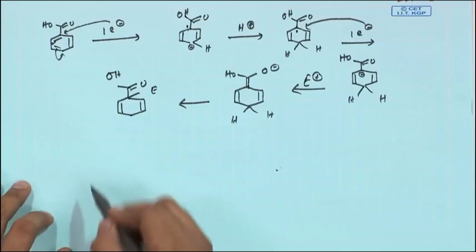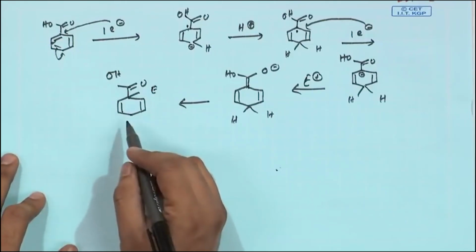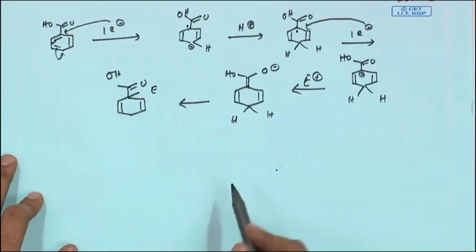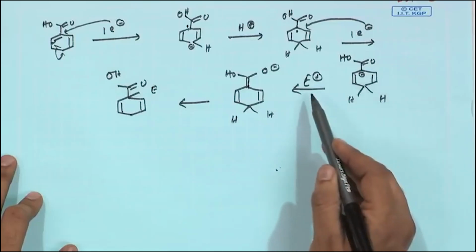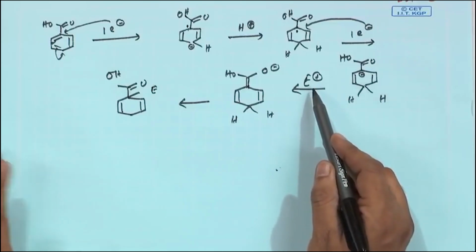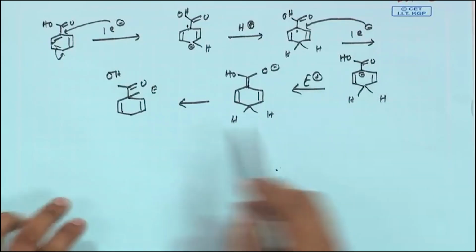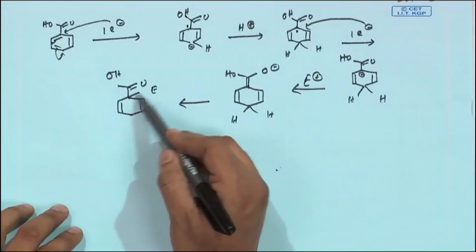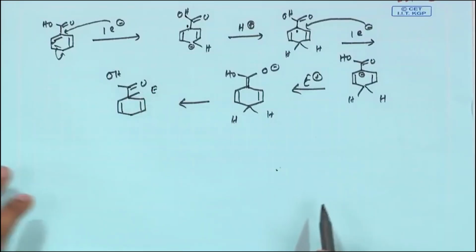So, if you do Birch reduction with an electron withdrawing group like a carboxylic acid group, and you simultaneously treat with an electrophile like methyl halide or any alkyl halide, you can get a carbon-electrophile bond here. Our next problem is based on this particular strategy.